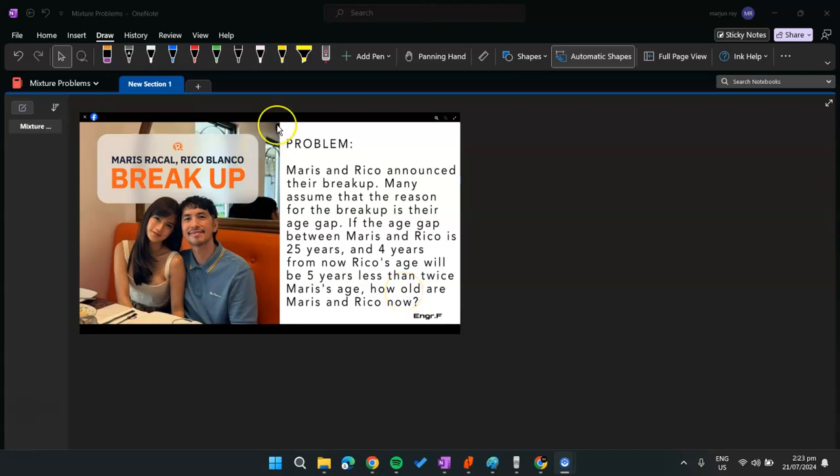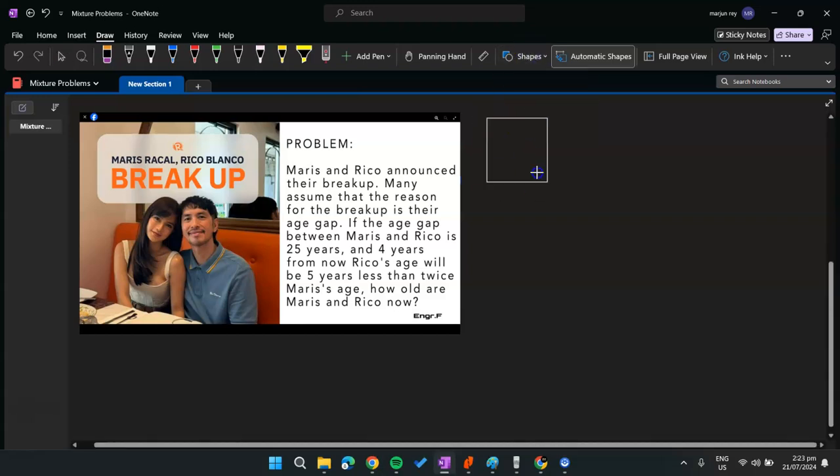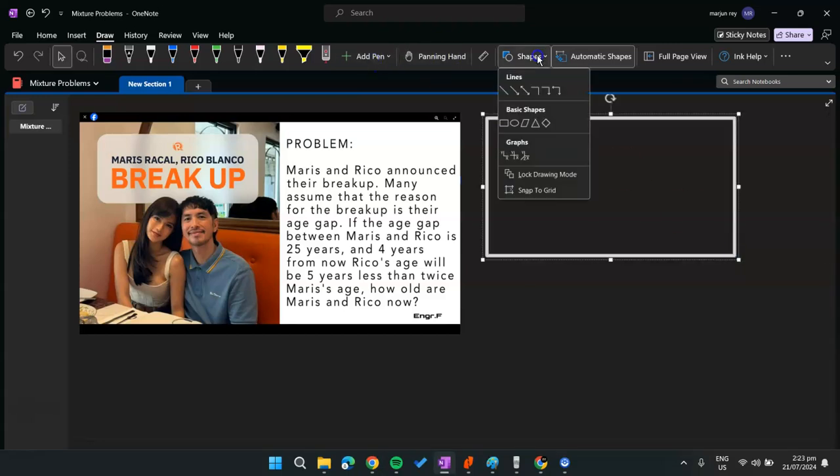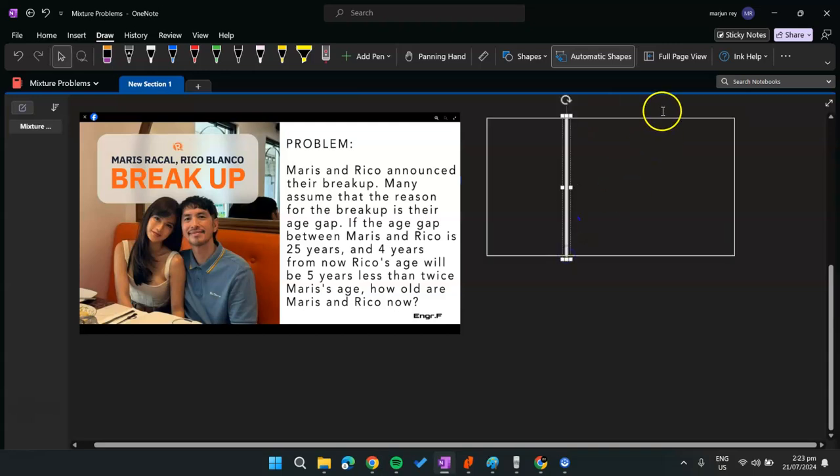So again, we are going to make use of our chart to solve this. So let me just prepare the chart. Gagawin lang natin is have this, and then we are going to have some columns.